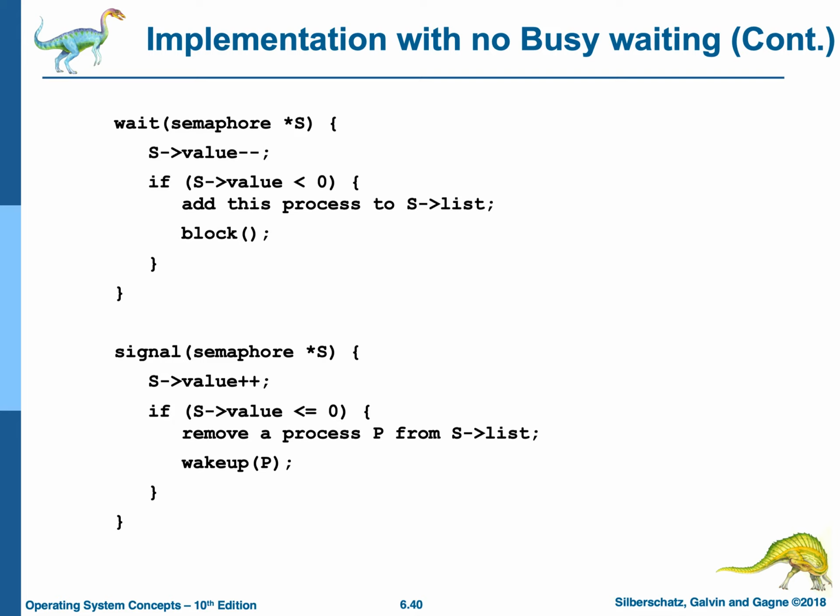There is a block list, a list where, if the value is less than 0, then the process will go into the negative list. If the value is less than or equal to 0 and the value is incrementing, then the process will be retrieved from the negative list, the block list, by a wake up call.